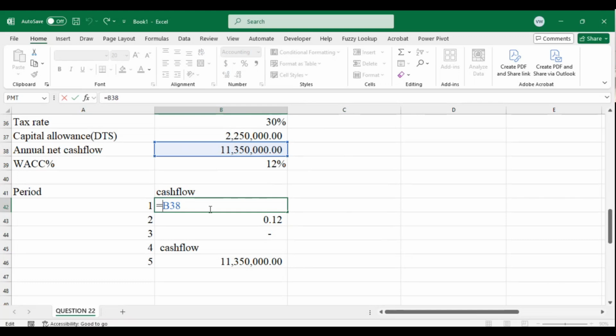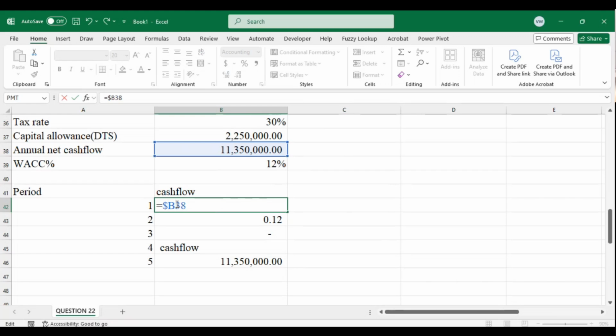So in case your computer has challenges doing that, then you can just go just before B. You can just look for the $ sign and press the shift of 4 just before B. If I insert the $ sign before B, it means I've locked column B. But I also want to lock row 38.